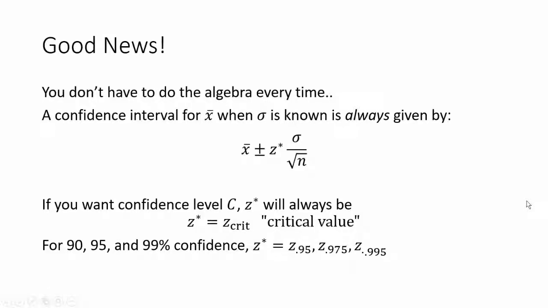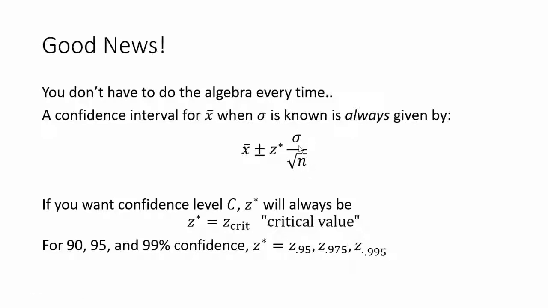In summary, what we did last time is we took the mean of our whole population. We used a mu rather than an x bar here. And then we added and subtracted a critical value for the z-scores and multiplied by sigma over root n, and that is actually the standard error of x bar, or you could say it's the standard deviation of the sample means.